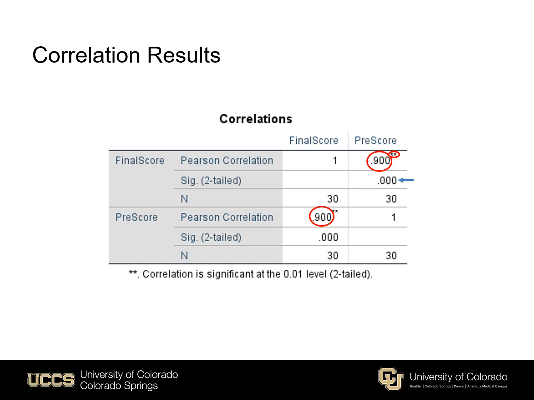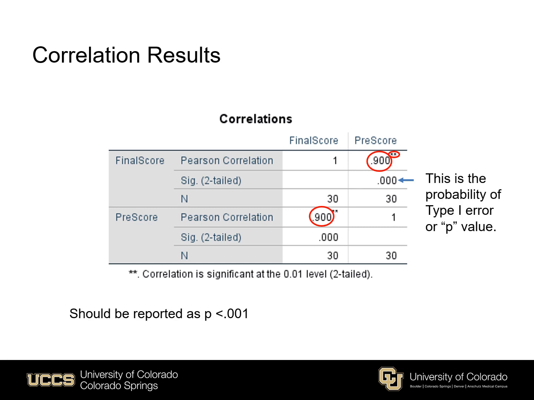That corresponds to this significance row in the table, which is really just your p-value, the probability of type 1 error. Again, these really ought to be reported as less than 0.001. But big picture, we're seeing a pretty strong correlation between pre-score and final score, and it is statistically significant.